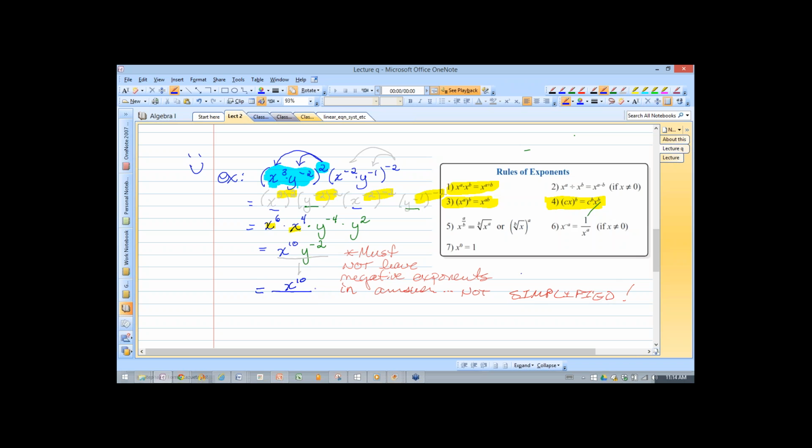X to the 10th power remains in the numerator. But this y to the negative 2 has got to go downstairs and it becomes positive. So this is my simplified answer. You don't want to leave negative exponents in your answer. It's not totally simplified if you have a negative exponent left in there.